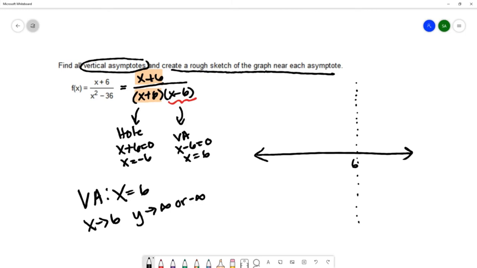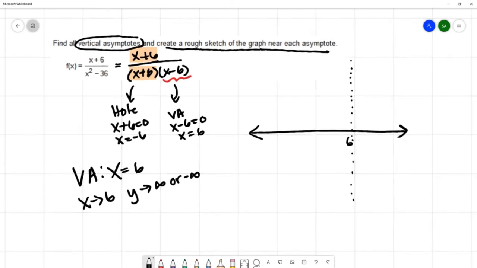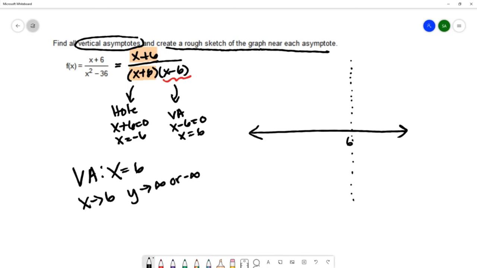And we need to consider this on both sides of 6. We have a special notation to indicate each side of 6. For numbers less than 6, or to the left of 6, we put a minus, and for x approaching 6 from above, or to the right of 6, we put a plus. This takes care of what's happening on each side.